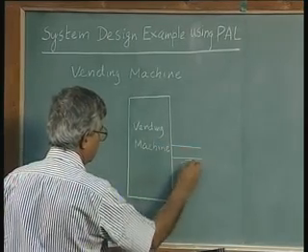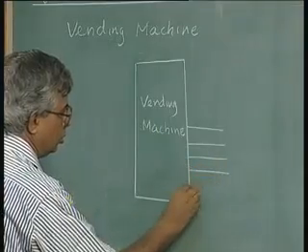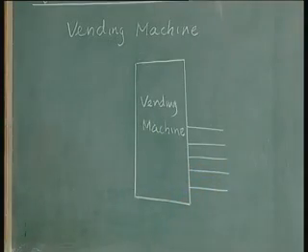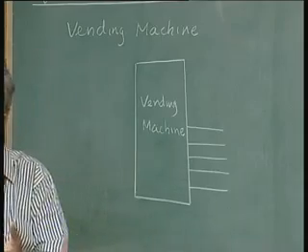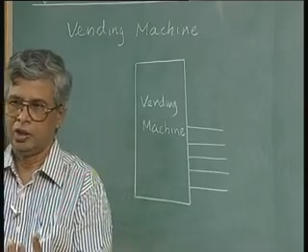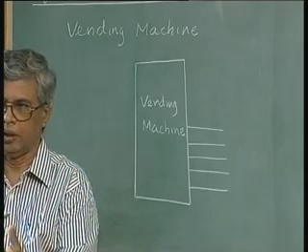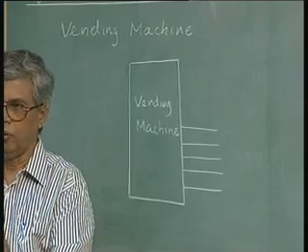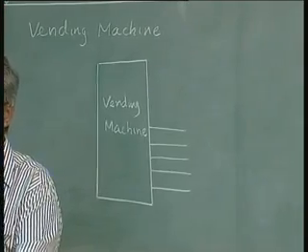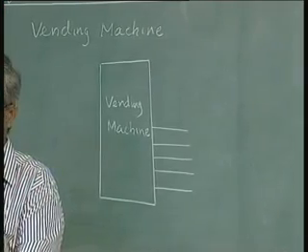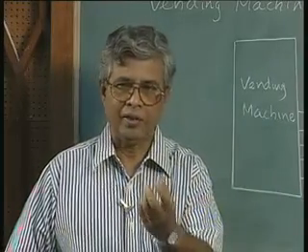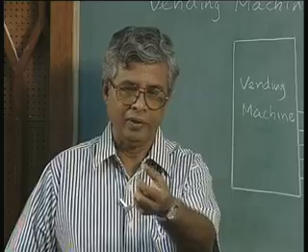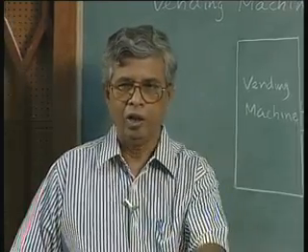So, this is the output. Each of these outputs will drive a mechanical device which holds the item to be dispensed. Some sort of a relay has to operate and release the mechanical device so that one item will fall into a tray and you pick it up from the tray.